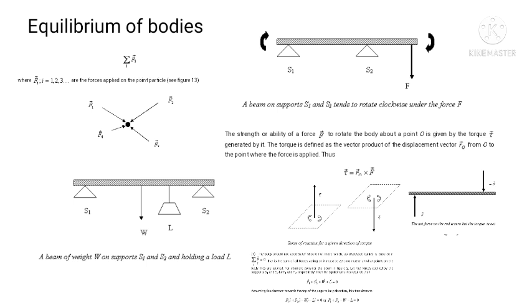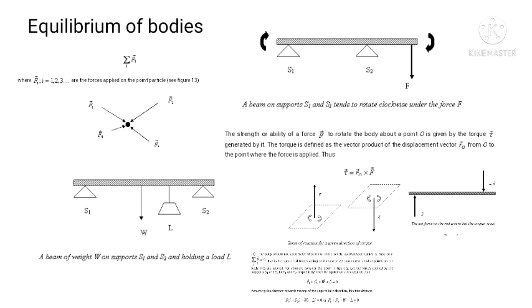For example, consider the figure. The body, for example a beam, is supported by supports S1 and S2, which apply forces F1 and F2 respectively. Then equilibrium requires that F1 plus F2 plus W plus L equals 0.